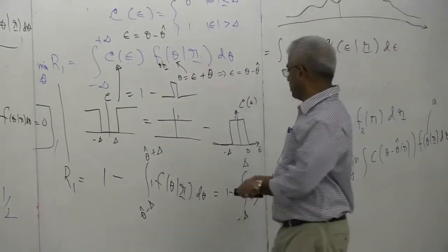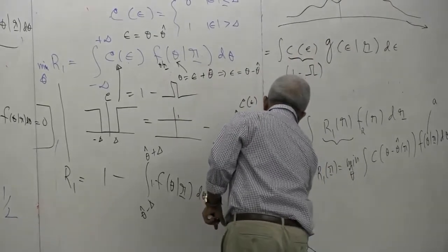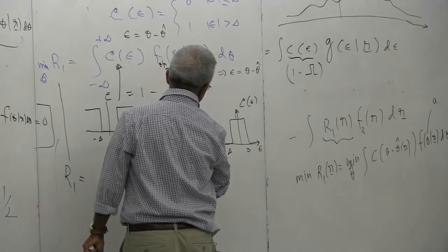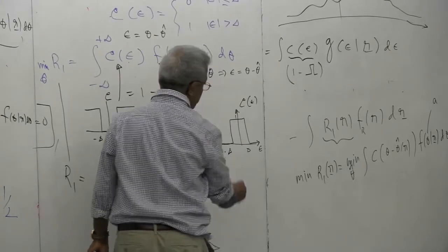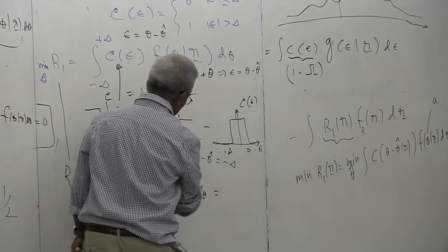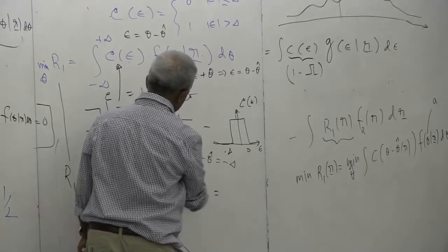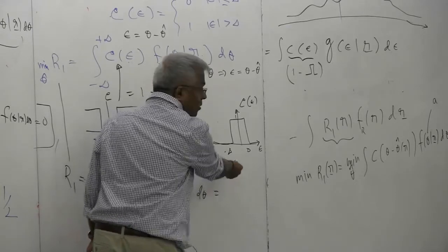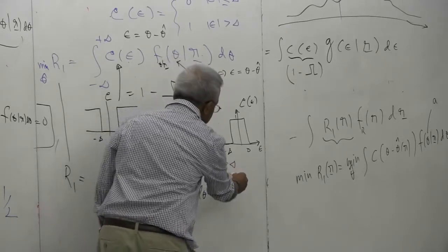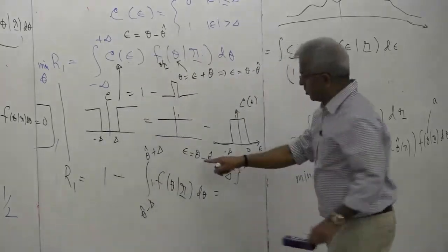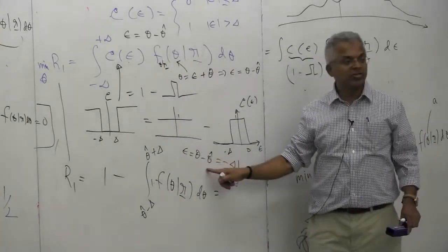Because look here, we don't even need all this. Epsilon is theta minus theta hat, right? So at one extreme it goes to minus delta. So the limit on theta is theta hat minus delta. Do you see what is going on? Epsilon is theta minus theta hat.